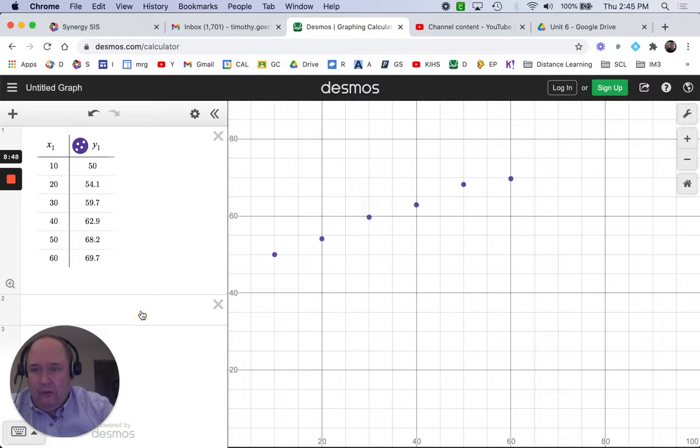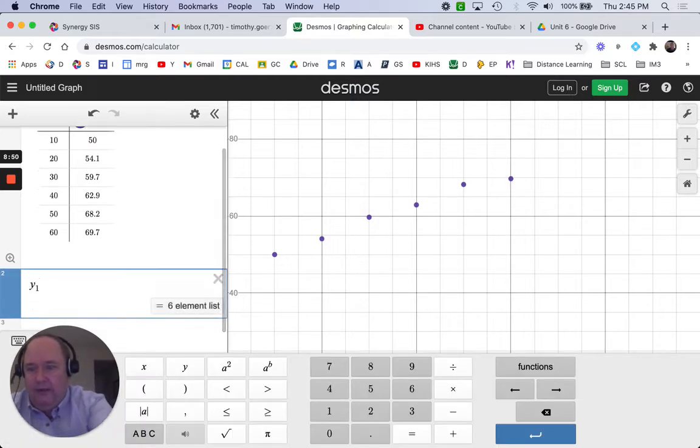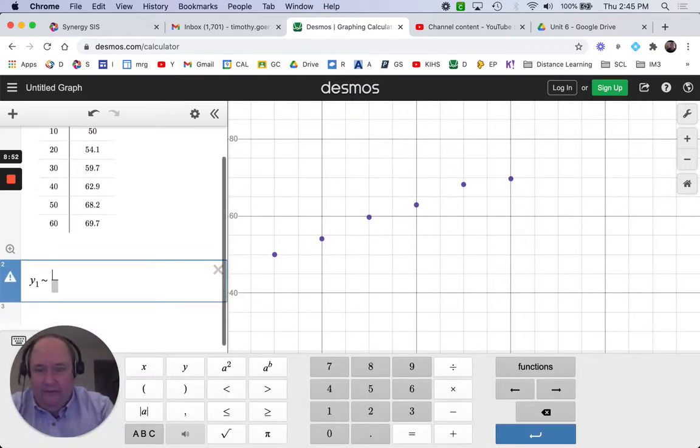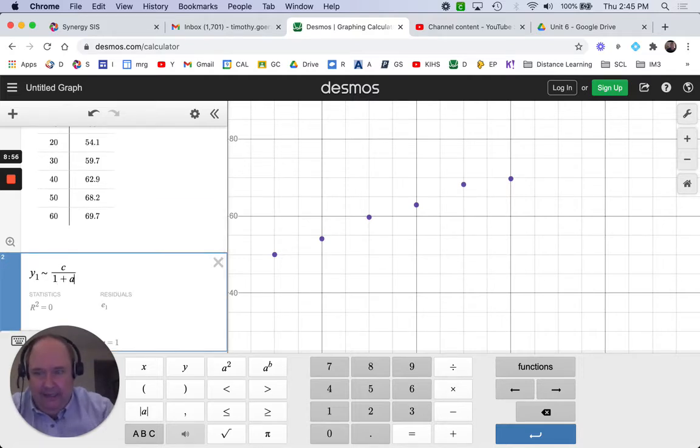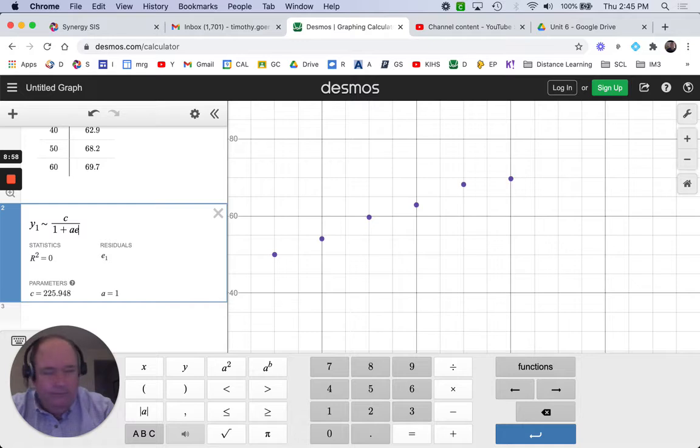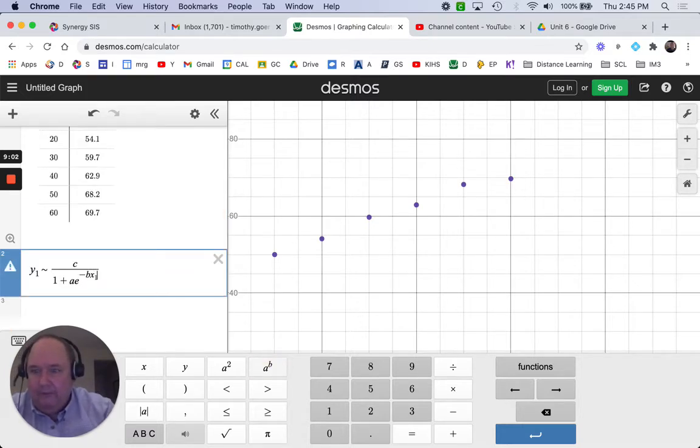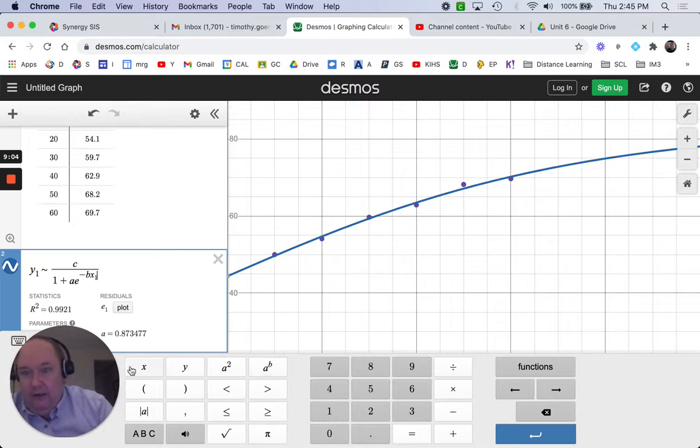We'll do a logistic growth model. So y1 tilde, and that, and then divide, so C1 plus A, E, and then the exponent negative BX1. So you can see the logistic growth model there in terms of what we're looking at.